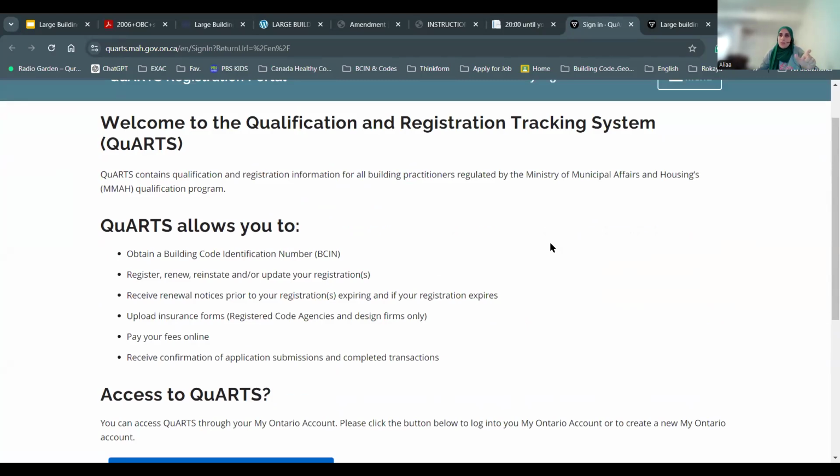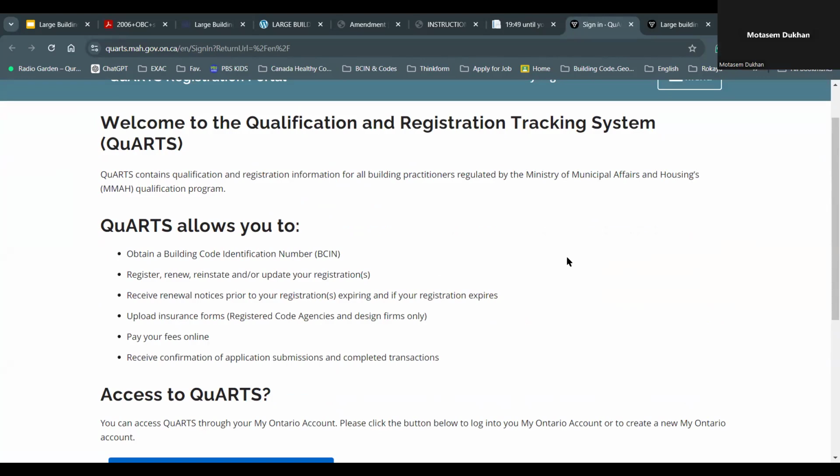This number consists of 5 digits, and it will not be active until you take your first exam and register with them. After you register, each exam you take will be uploaded to your profile, and you will be under the category of qualified designers.